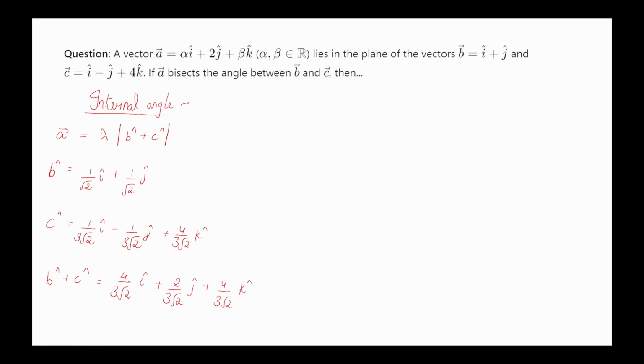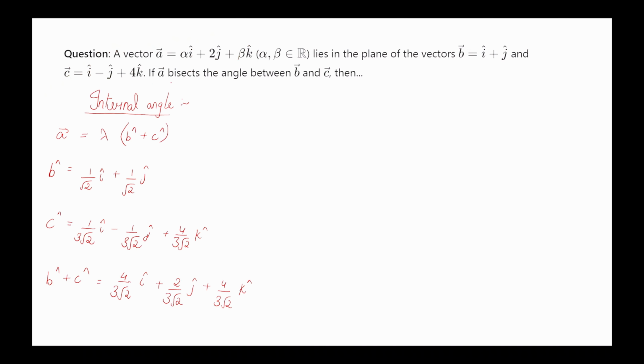Now basically if I multiply this vector with lambda, I'm going to get my A vector. Sorry, if I'm representing this with a modulus, that means my A vector is also in modulus. If I simply represent this without a modulus, then I need to represent this in vector format only.